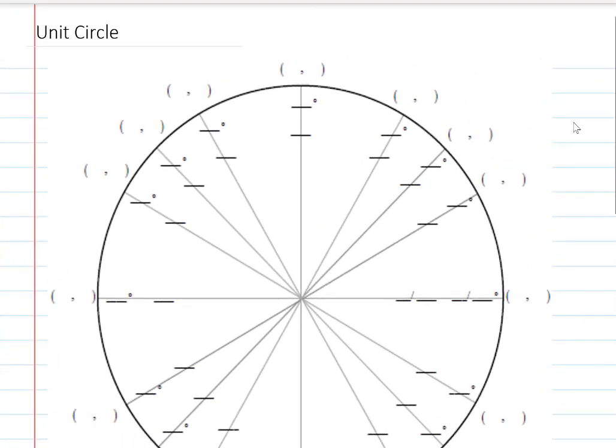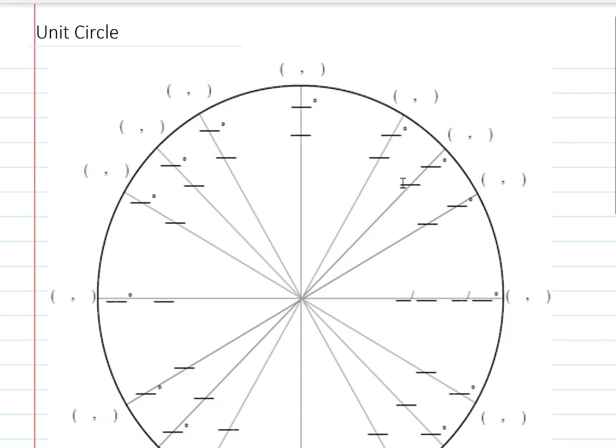All right, guys. So we now are ready to talk about the unit circle and fill in this unit circle that we're going to be using for the rest of the semester and moving forward too. So a unit circle is just a circle with radius 1. The word unit means 1.